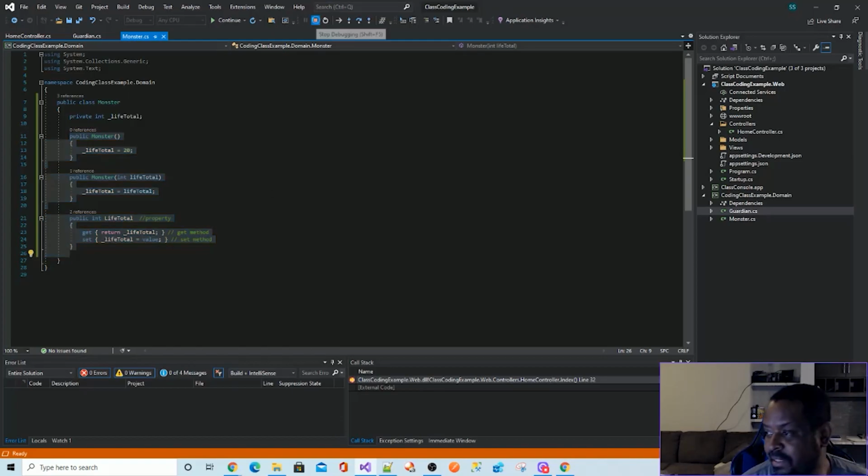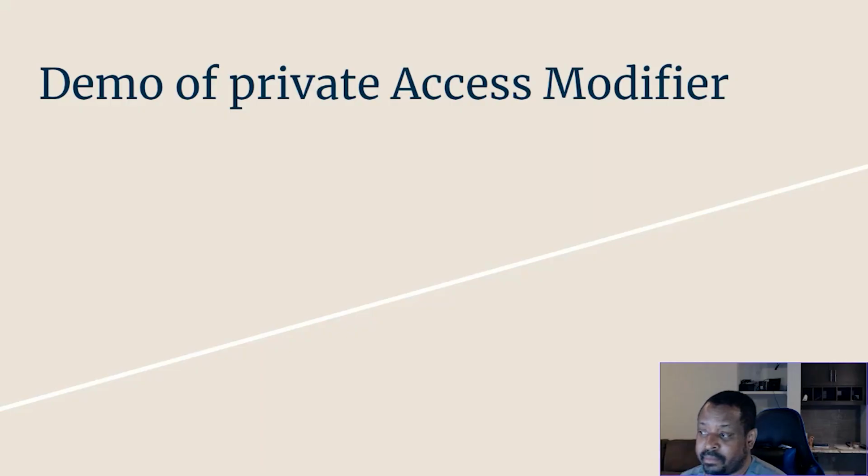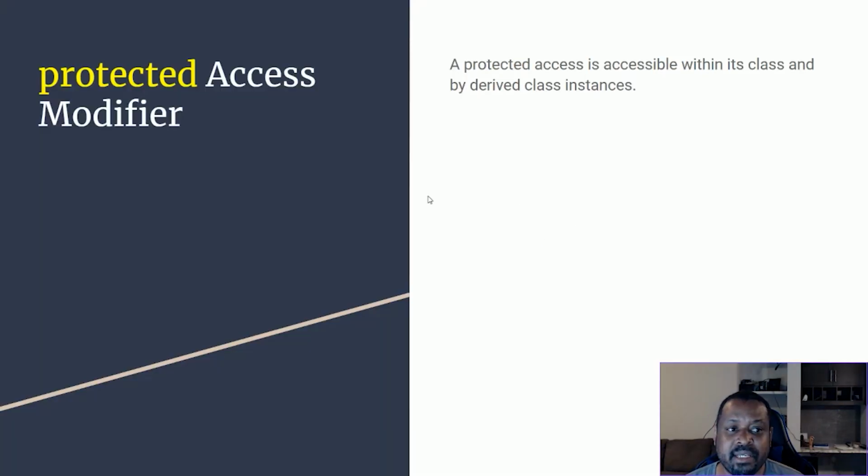So let's go ahead and stop this. Interesting how simple things are, and you can see demos of stuff. That's encapsulation in a nutshell. But we're seeing how these access modifiers are directly tied to encapsulation. So right now we're going to go into the protected access modifier, and a protected access is accessible within its class and derived class instances.